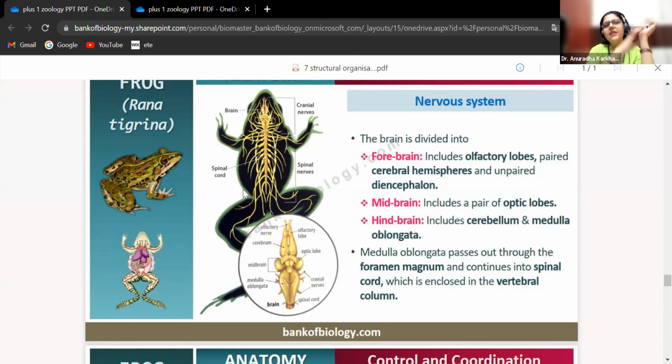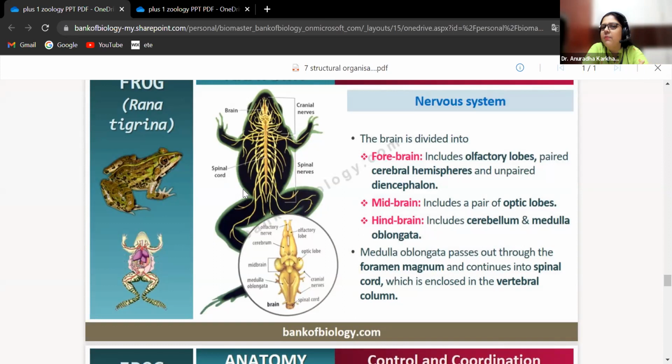I personally feel this is your human physiology revision. Midbrain includes optic lobes, right? Hindbrain includes cerebellum, medulla. Pons is not there in them. We have got pons. Medulla oblongata passes out through a foramen magnum.